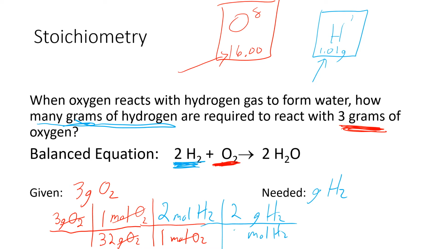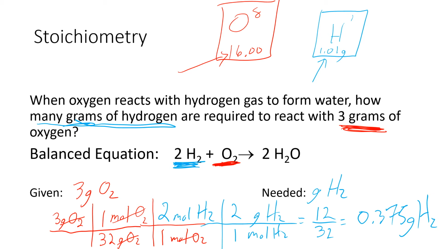So we're going to go 2 grams of hydrogen for 1 mole. Then we're going to multiply the tops. 3 times 2 is 6, times 2 is 12, and divide by the bottoms, which is 32 times 1, which is 32. And 12 divided by 32, I believe, is 0.375 grams of hydrogen.